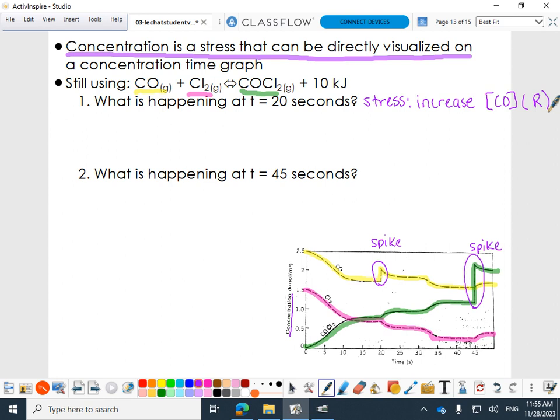You could say the system has to shift to consume the added reactant. You could say the system has to shift away from the reactant. You could say, if you're a balanced person, an increase in the reactant means the products have to increase to balance it out. All of those would be equal.